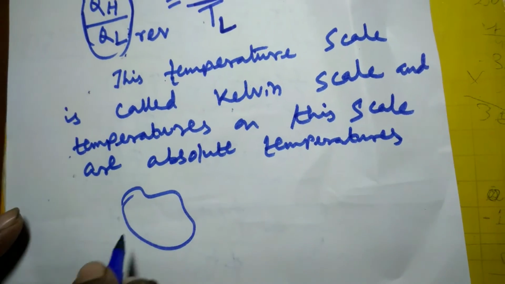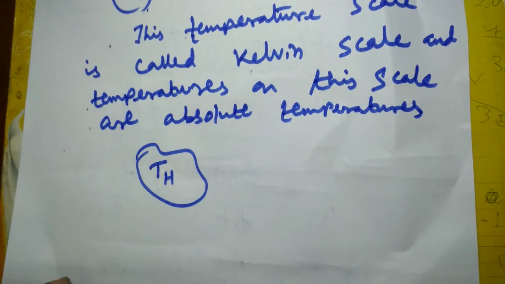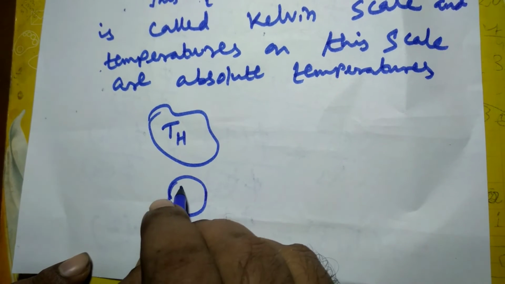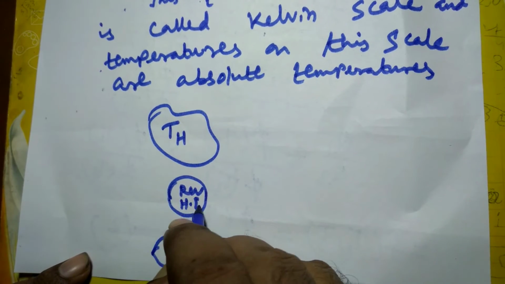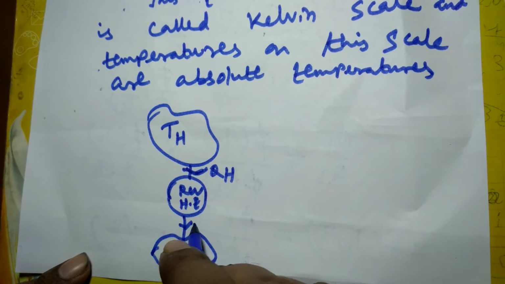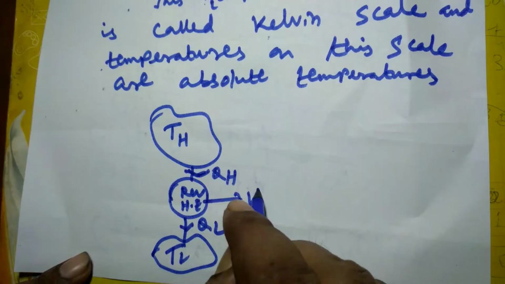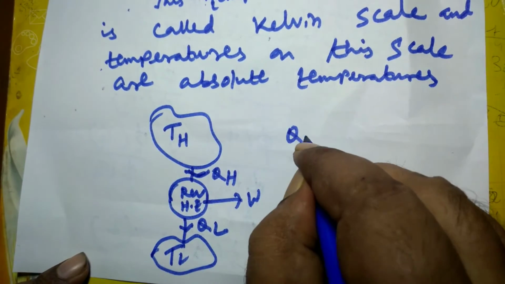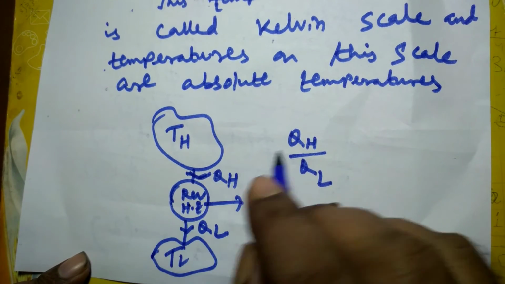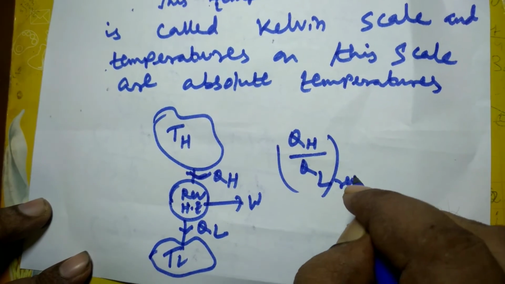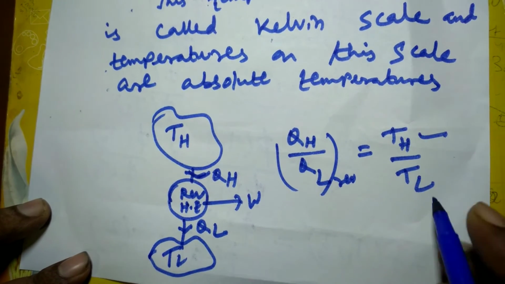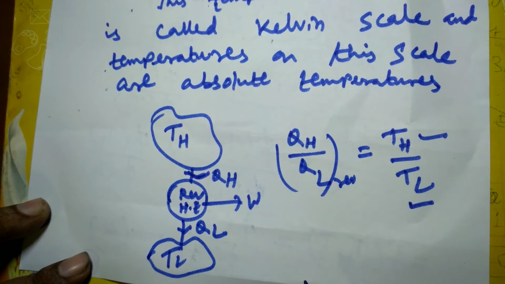Suppose this is high temperature reservoir at TH and this is low temperature reservoir TL, and a reversible heat engine operates, and this is QH heat added and QL heat rejected. Then I can say that QH divided by QL, if it is reversible only, is equal to TH divided by TL, where TH is expressed in Kelvin, TL is expressed in Kelvin.